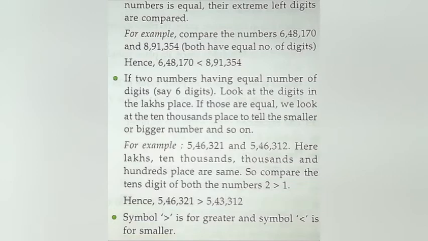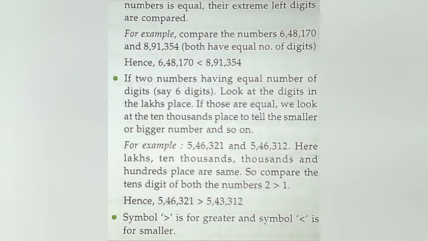Here they have given an example of 5,46,321 and 5,46,312. In both numbers, the first digit on the extreme left is the same, that is 5.